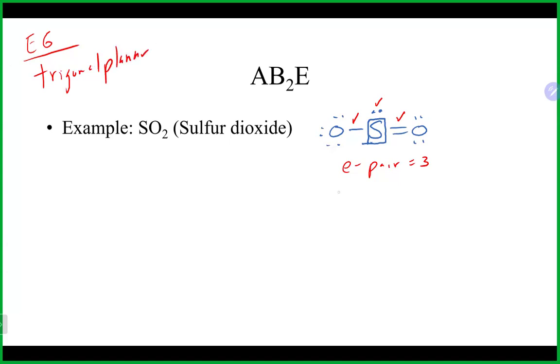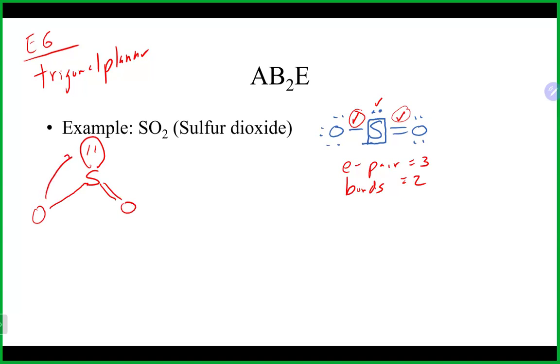In this case, in terms of bonds, we have one bond, and once again, a double bond only counts as one, so that is 2 bonds. What happens is the sulfur has these non-bonding electrons, and the non-bonding electrons go up, and as they do, those oxygens go in the opposite direction.